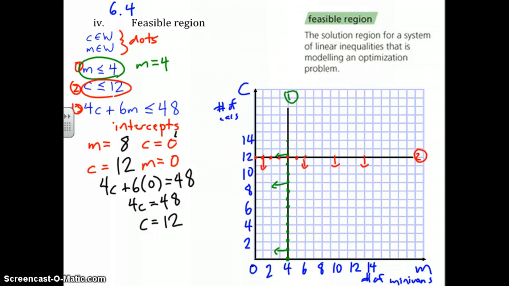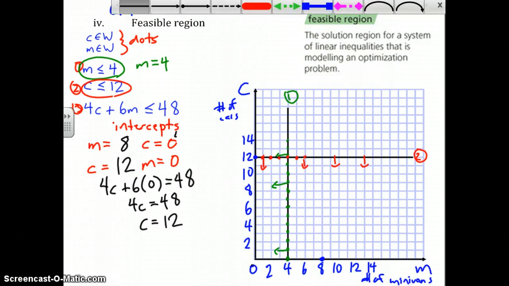Okay, and then the third line, we're going to use those intercepts. So we've got an m-intercept of 8, so that's this point here. And then we've got a c-intercept of 12, that's the point up here. Again, it's not really a line, but we'll use the line as a guide.